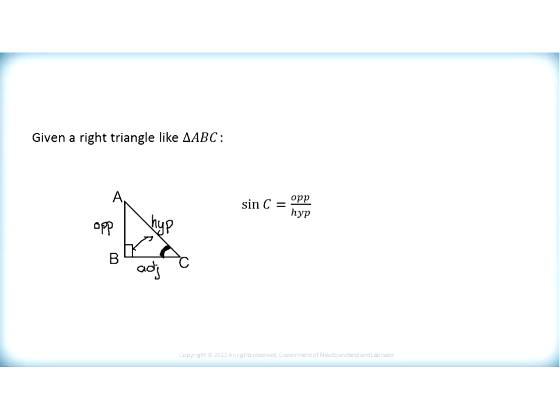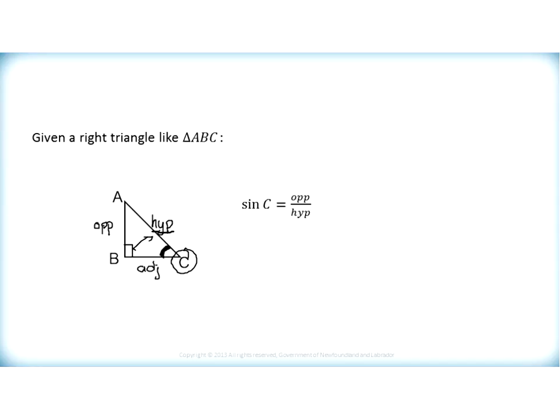Okay, so whenever we label any triangle, we're doing it in relation to one of the two non-right angles. So in this case, we're looking at angle C, and we have the hypotenuse, which is going to be the hypotenuse no matter what kind of right triangle we have. For angle C, the opposite side doesn't touch it at all.